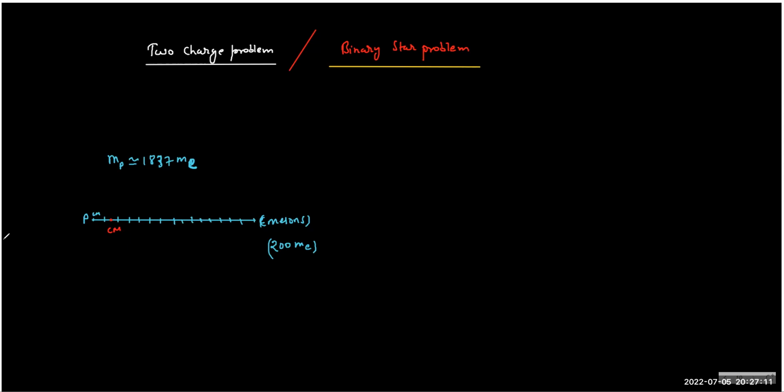We deal with only one charge moving around a fixed charge. So the other charge got fixed in a way which was not the intention, right? Because of the mass difference, one charge got fixed, the other is moving. That's how we learn the atomic structure.